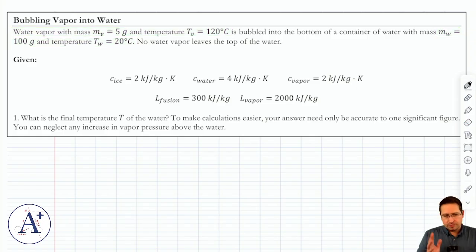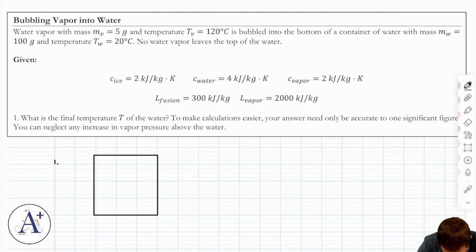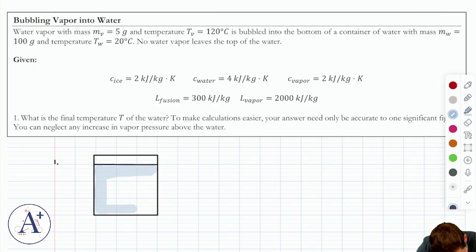Okay? So let's just talk about what happens here. You have a big container here that holds water. And you are going to bubble vapor that is above 100 degrees, at 120 degrees, into this container of water.